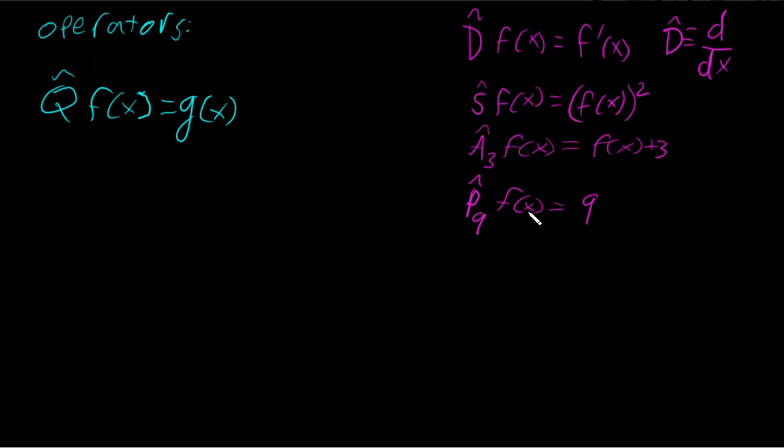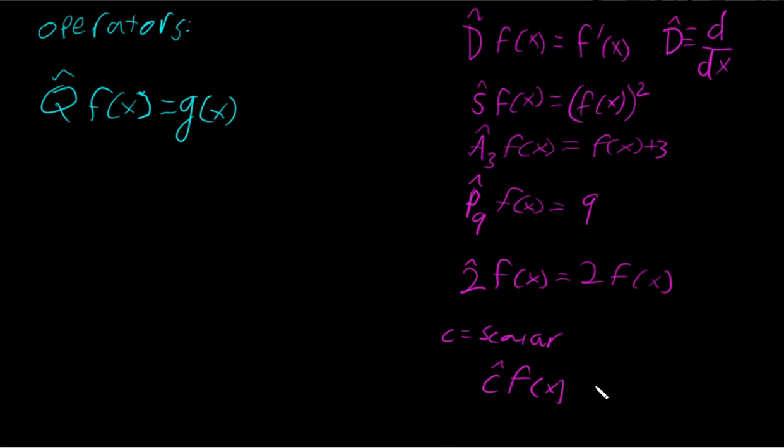Lastly, and probably a little less trivially than this, we have 2 hat, right? And 2 hat on f of x is just going to give me 2 times f of x, right? And this is generally a way that we write things. If I have some scalar, so c is a scalar, in general, if I have c hat acting on some function, this is just going to give me that scalar times f of x, right?